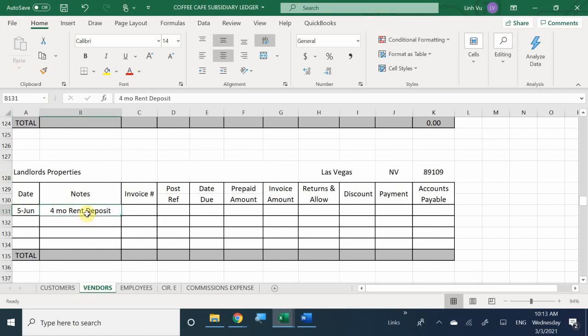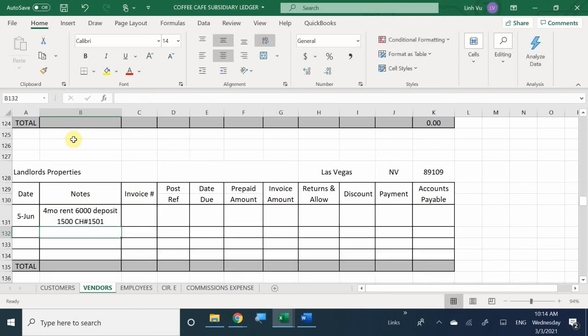So 4 months rent, which cost me a total of $6,000 plus my deposit. Okay, I cannot type today. Deposit for $1,500. And another piece of information that you can do here is that I'm going to also indicate that I paid with a check. Okay, check number 1501. All right.